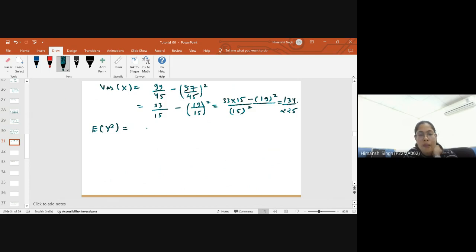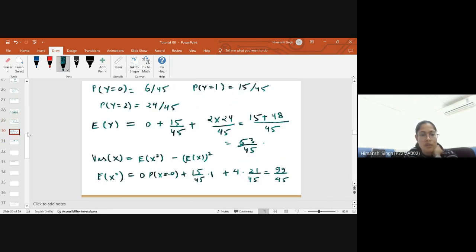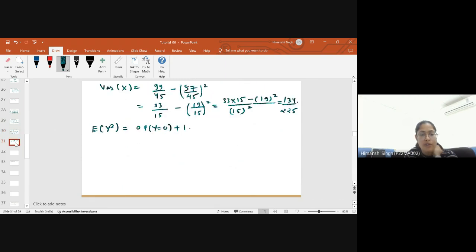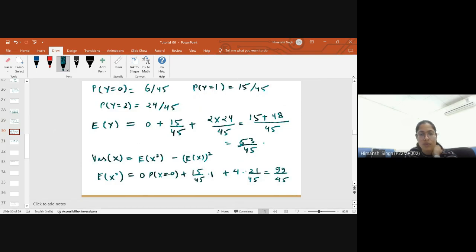Now expected value of Y square we need to find out in order to find the variance of Y. It will be 0 into probability Y equals 0, which is 0 only. Then 1 into probability Y equals 1, which is 15 by 45, plus 2 square, that is 4, into probability Y equals 2, that is 24 by 45.